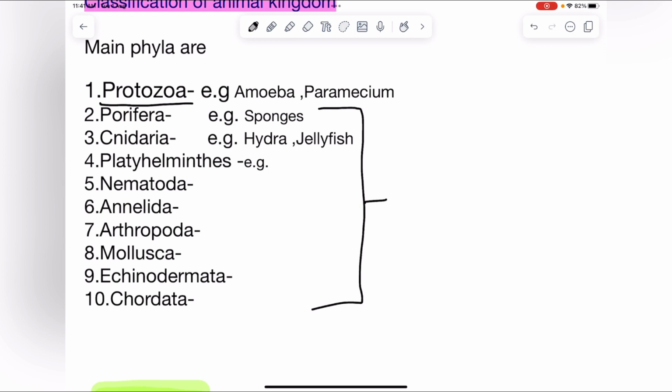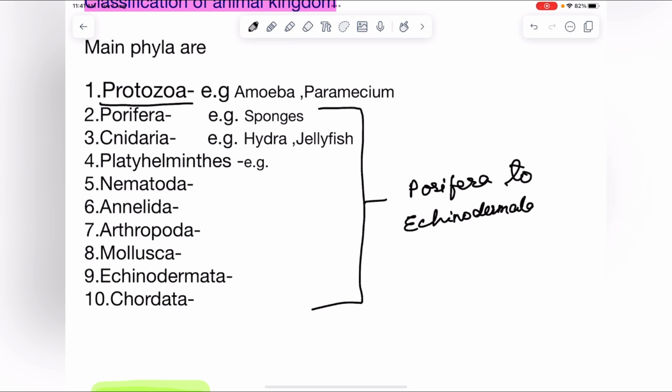The phyla from Porifera to Echinodermata are grouped together under the invertebrates. And the last phylum is Chordata.